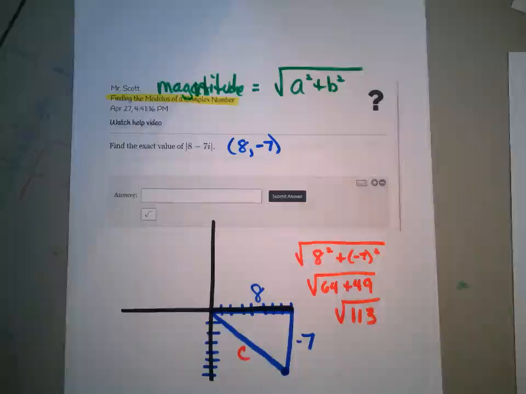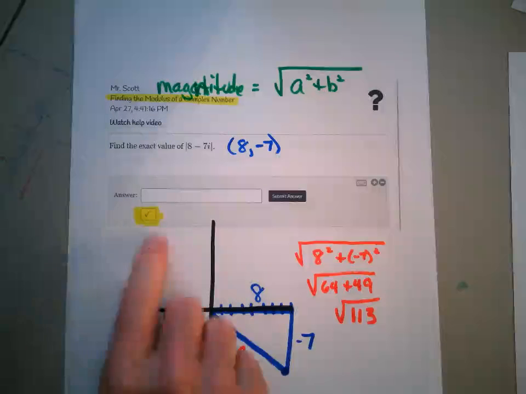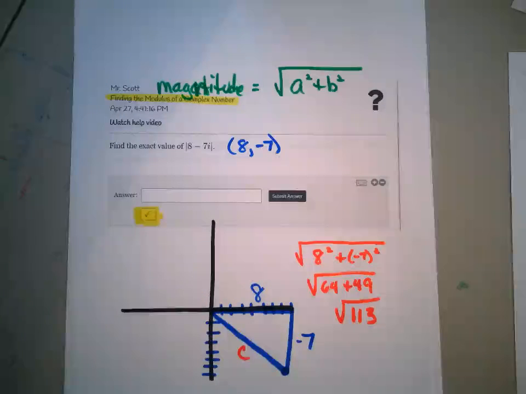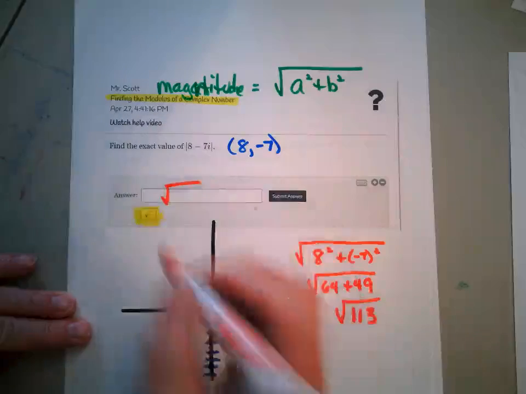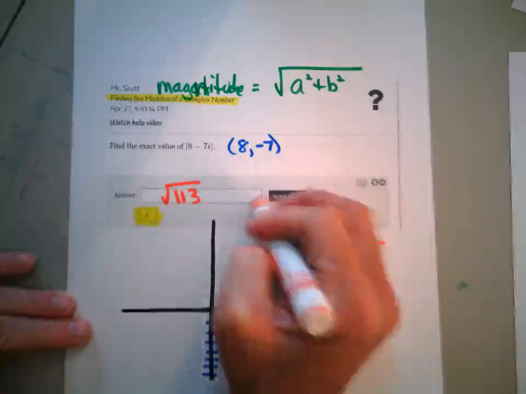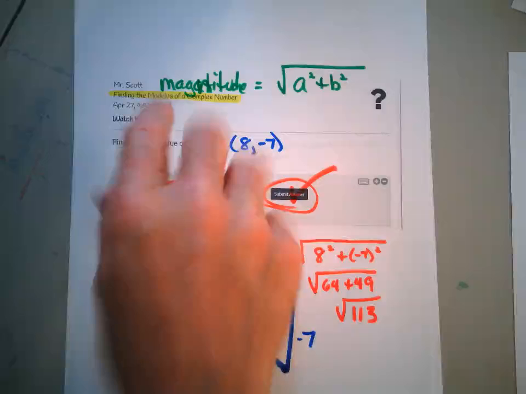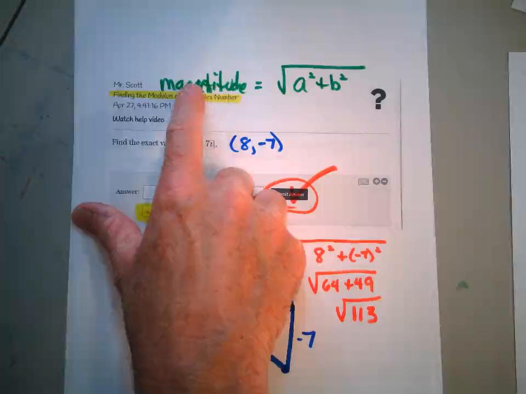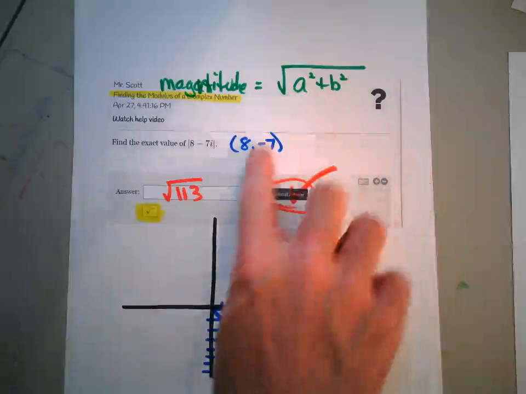They've already even told you, hey, you're probably going to use a square root. So when you come up to your answer, click on the square root button, get the square root in there, type 113, click submit, and you'll get your big green check. Okay? So this modulus of a complex number is just asking for the magnitude. So you're going to do the Pythagorean theorem with the two values.